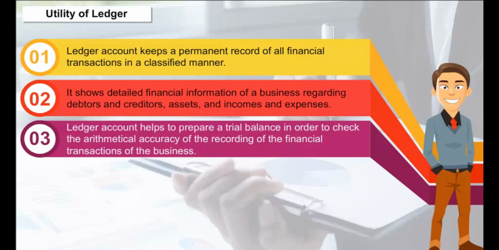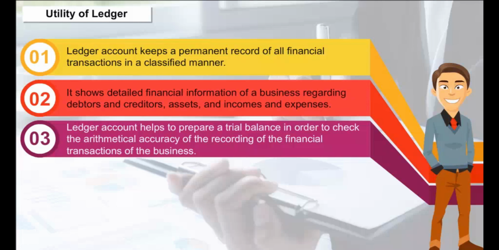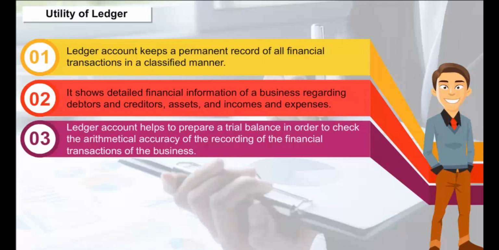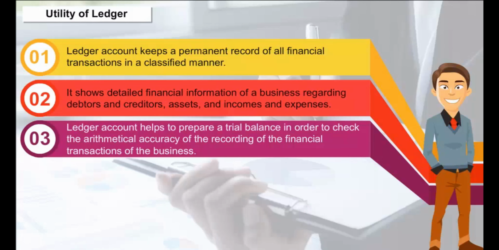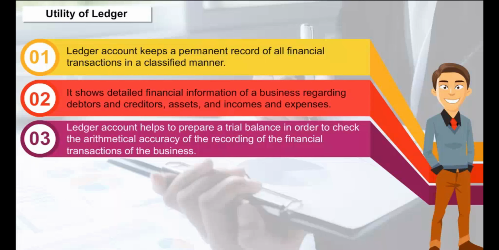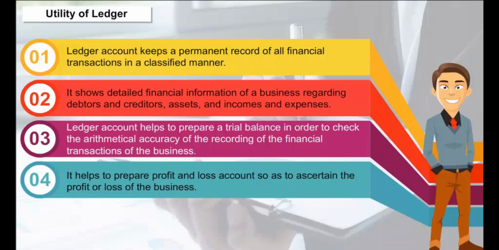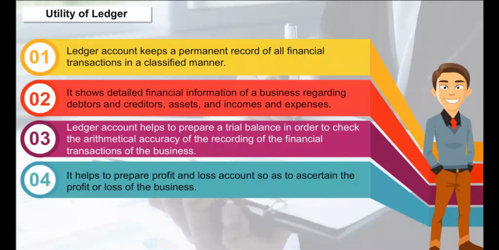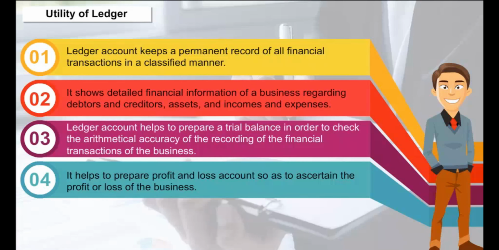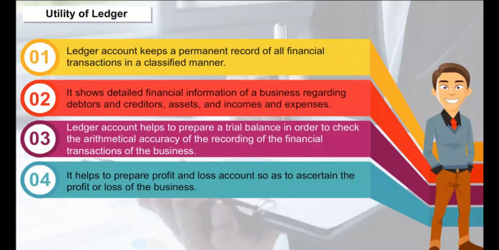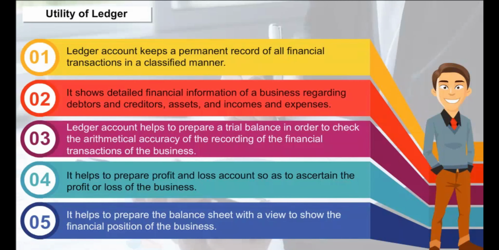A ledger account helps to prepare a trial balance in order to check the arithmetical accuracy of the recording of the financial transactions of the business. 4. It helps to prepare the profit and loss account so as to ascertain the profit or loss of the business. 5. It helps to prepare the balance sheet with a view to show the financial position.